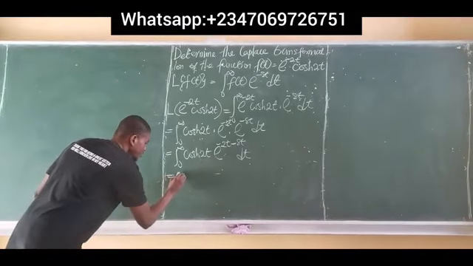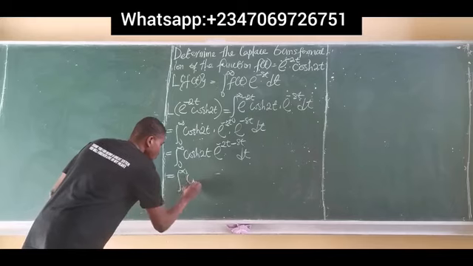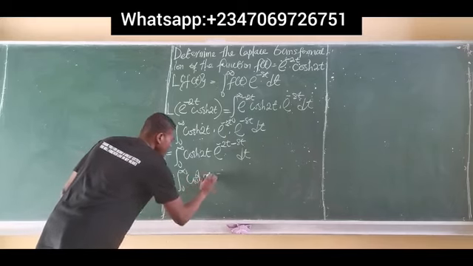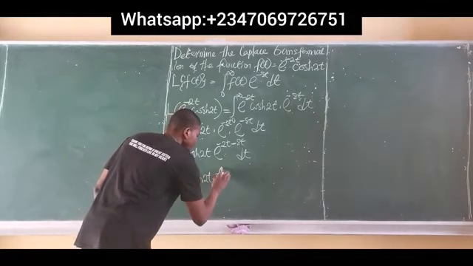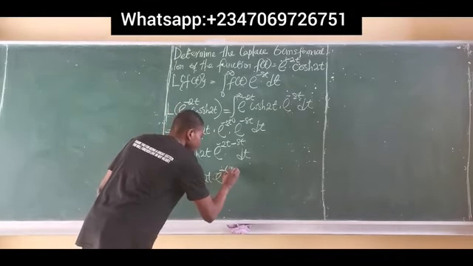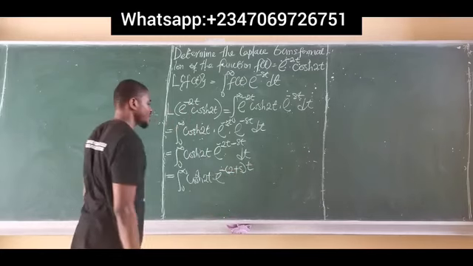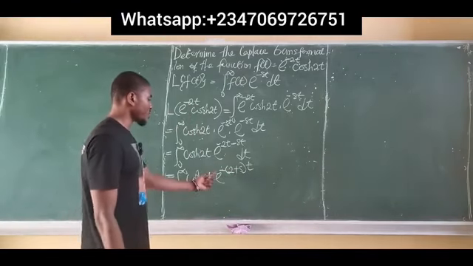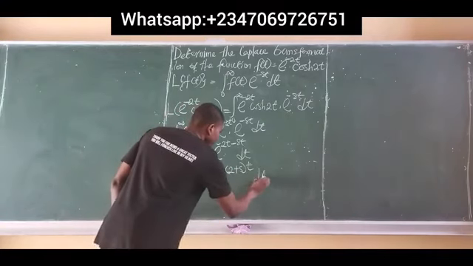Therefore, this is equal to the integral from 0 to infinity of cosh 2t exponential minus 2 plus s times t, multiplied by dt.